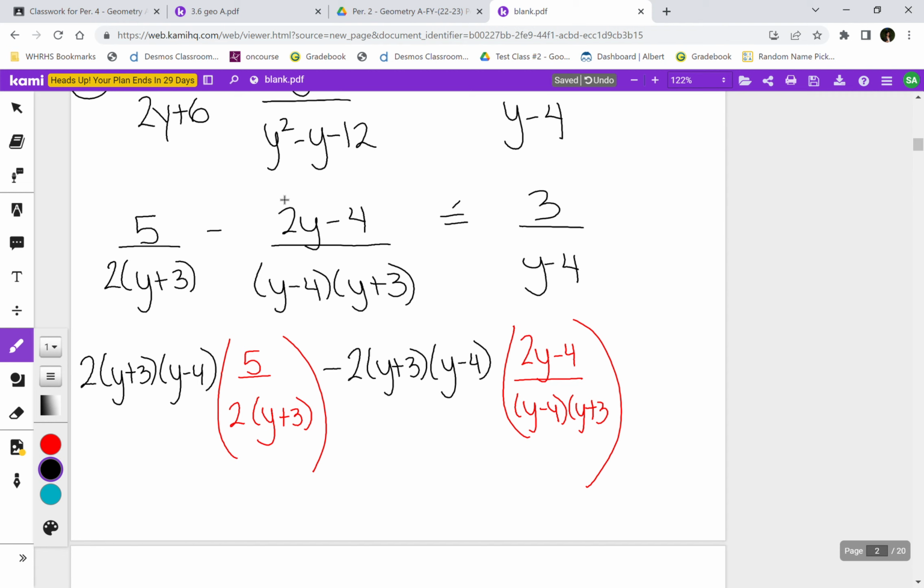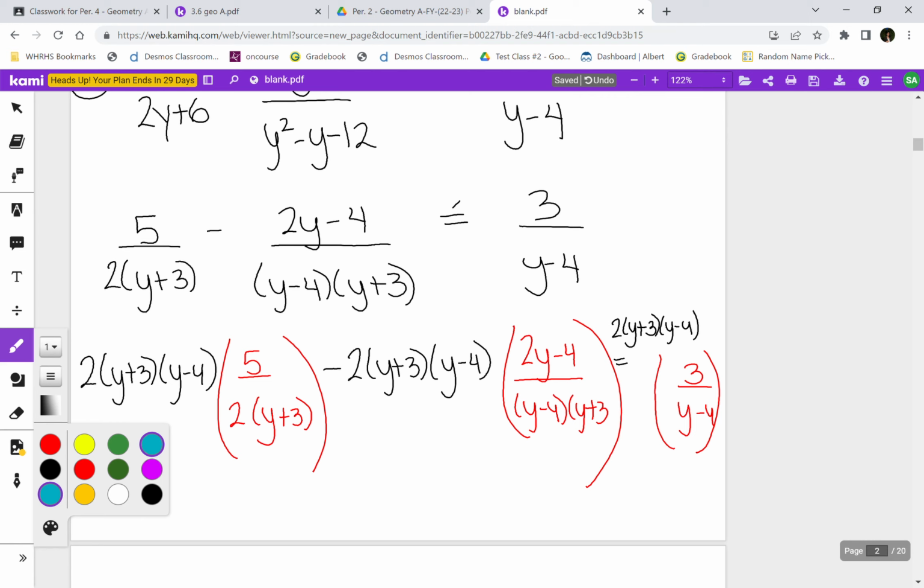And lastly, we're going to multiply that whole same thing again, 2 times the quantity of y plus 3 times y minus 4 times 3 over y minus 4. So now we're going to cross cancel to simplify, to get rid of those denominators.